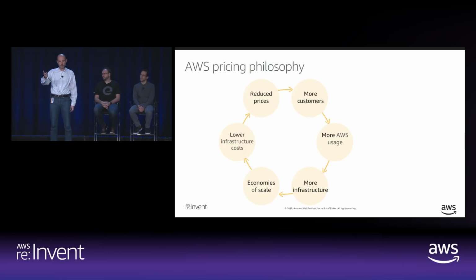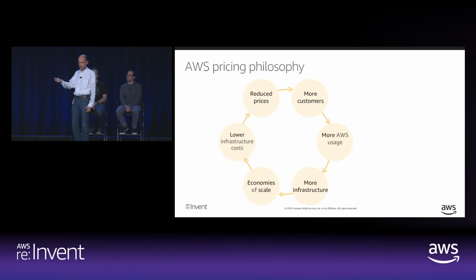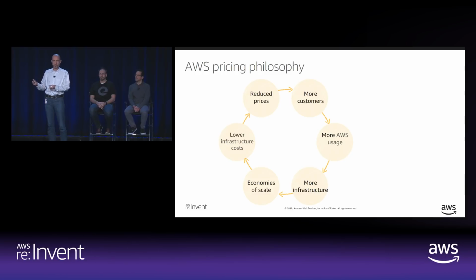Whenever we reduce our prices, more customers end up using the AWS platform. And that means we see more AWS usage, which helps us build more infrastructure, which helps us enjoy better economies of scale, which leads to lower infrastructure costs, and that helps us reduce our prices even more.